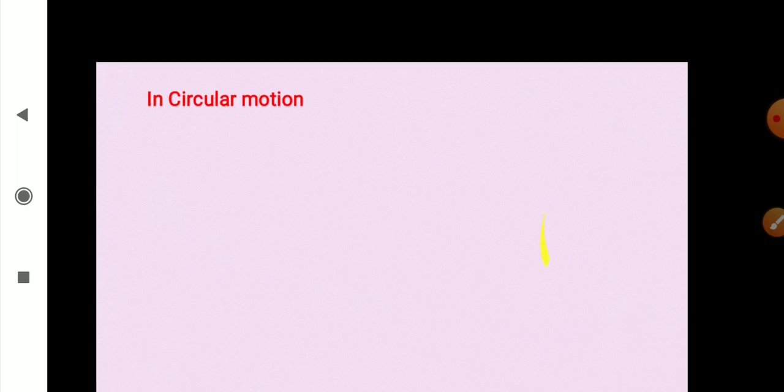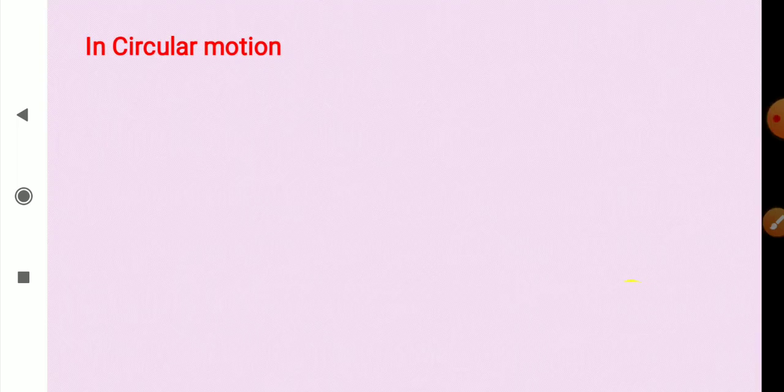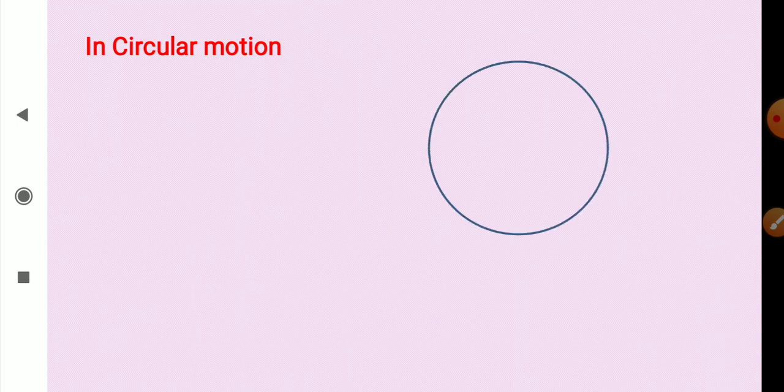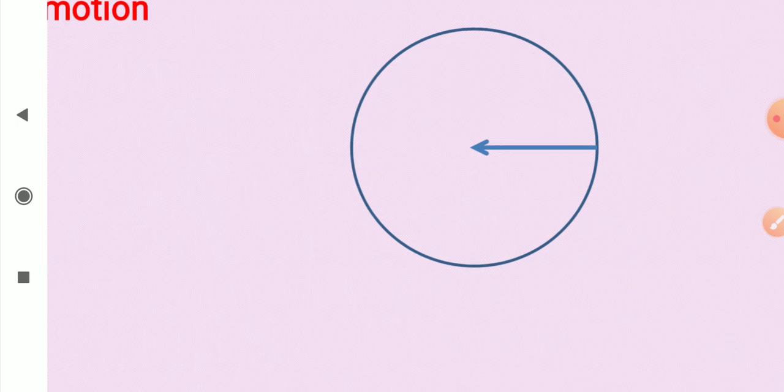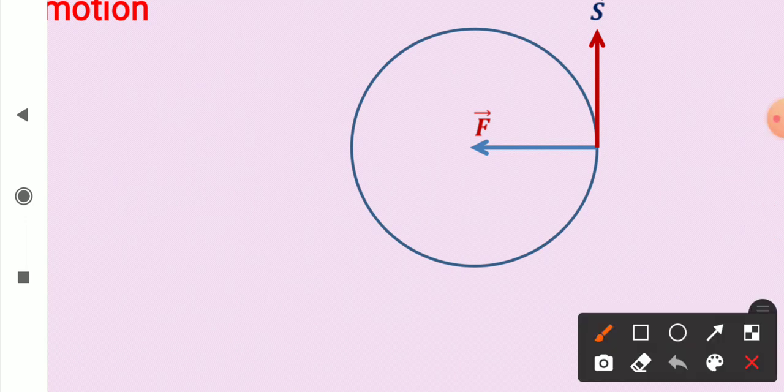And now another known case to you is circular motion. So let us see what happens in circular motion. You know that the force in circular motion is towards the center. It is called centripetal force. So force is acting towards the center and displacement is always along the tangent.